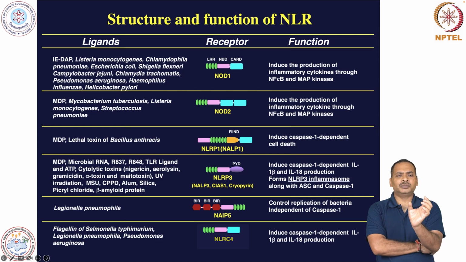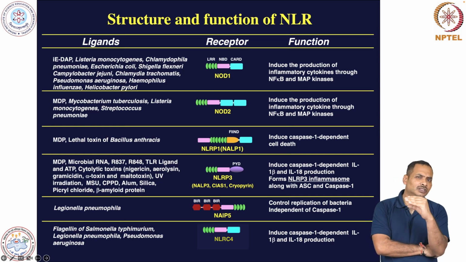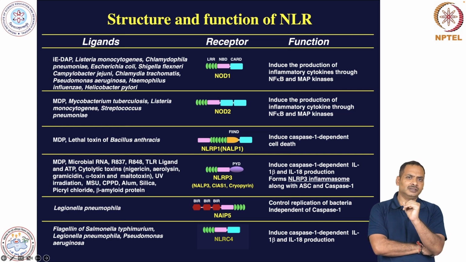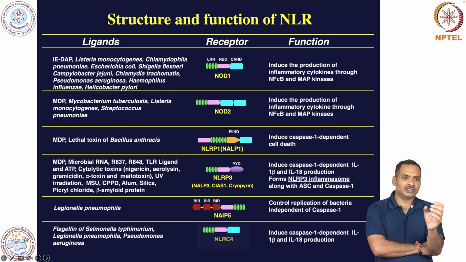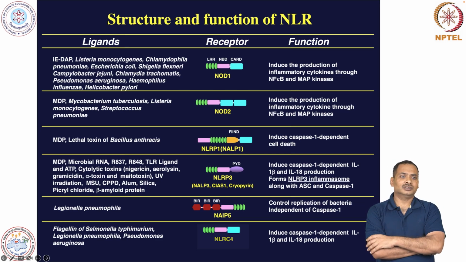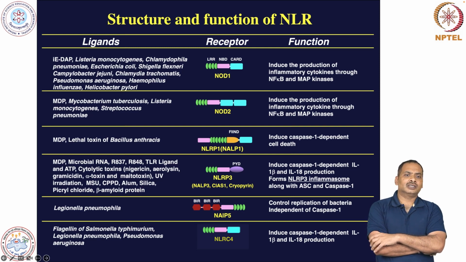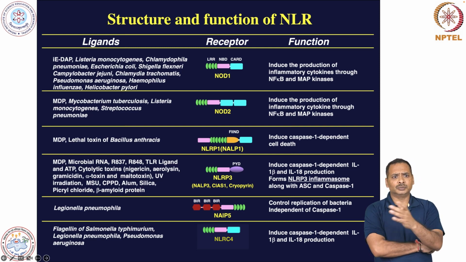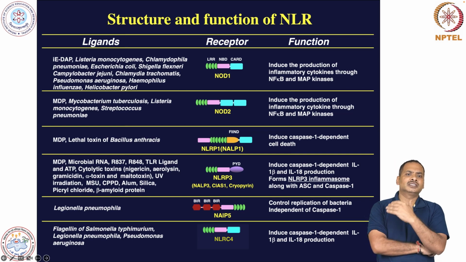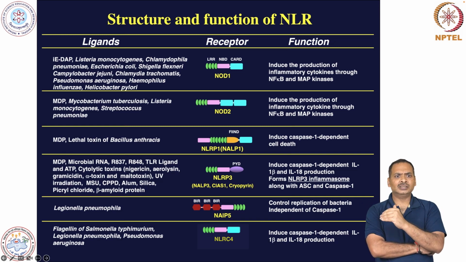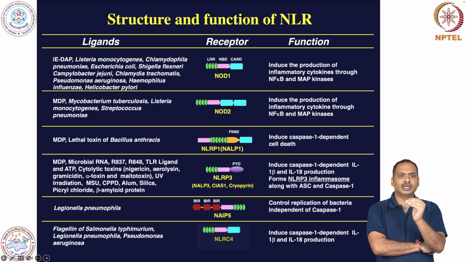IE-DAP is a component of peptidoglycan. I will tell you precisely what it is molecularly. This IE-DAP is derived from Listeria monocytogenes, which is a bacterium, Chlamydophila pneumoniae, Escherichia coli, Shigella flexneri, Campylobacter jejuni, Chlamydia trachomatis, Pseudomonas aeruginosa, Haemophilus influenzae, and Helicobacter pylori.